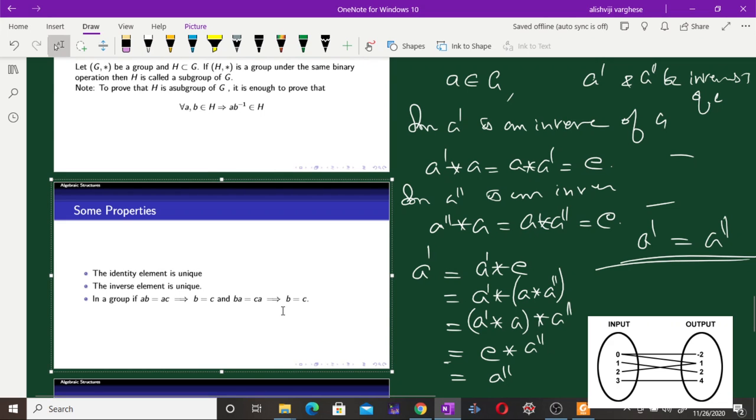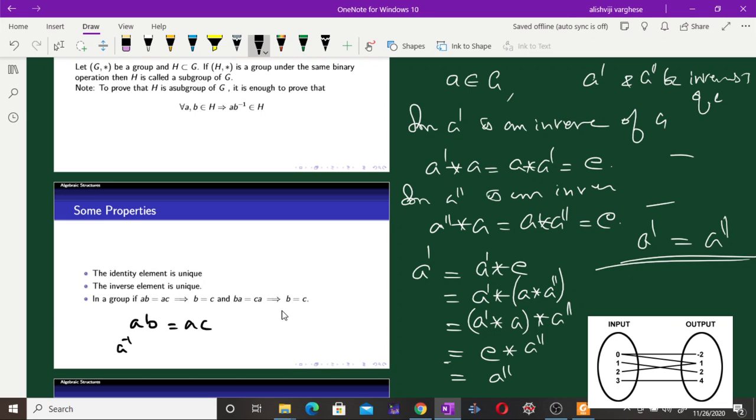And the next thing is, in a group, if AB is equal to AC, that implies B is equal to C, and if BA is equal to CA, then B is equal to C. The first one is the left cancellation law and the second is the right cancellation law, and the proof is very simple. AB is equal to AC. Now we just pre-multiply the expression with A inverse. Since it is a group, A has an inverse.